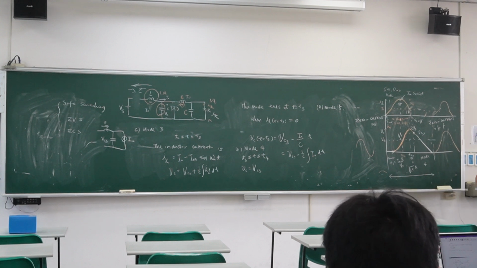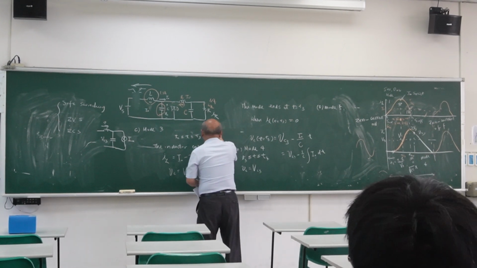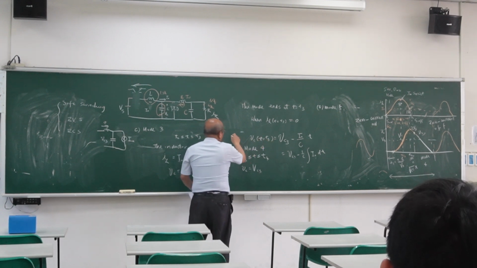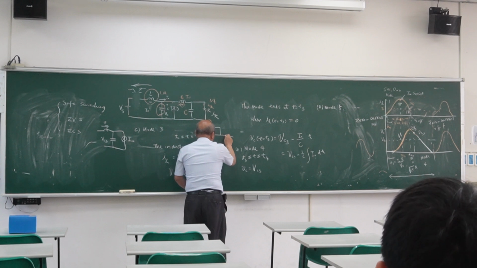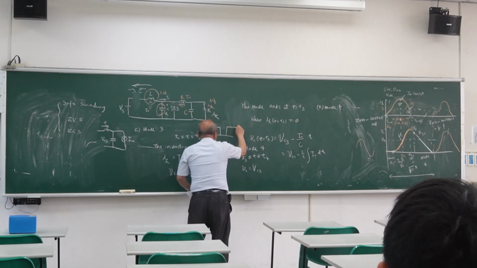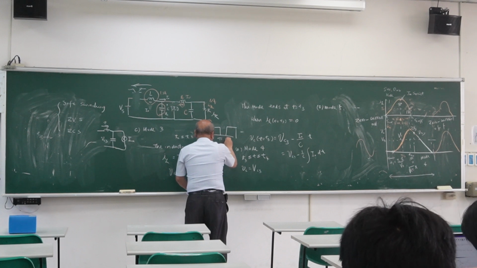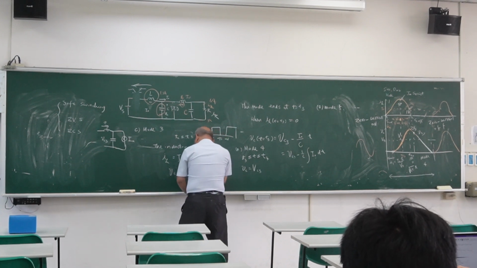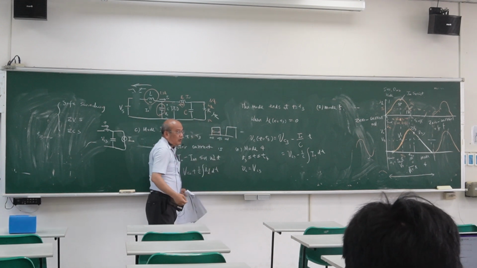So the switch can turn on and then turn off, and then you have to wait until this point, turn on, turn off. So this is on, this is off, this is next on. So you have to keep this time interval.